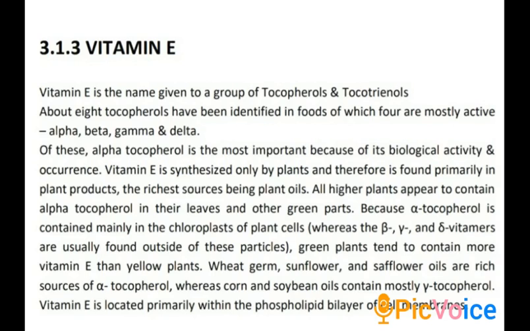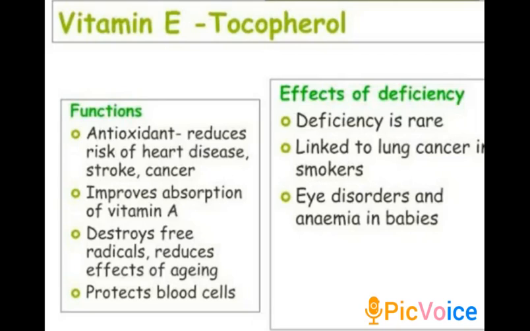Vitamin E is located primarily within the phospholipid bilayer of cell membrane. Vitamin E acts as an antioxidant. It is the major lipid-soluble antioxidant in the cell antioxidant defense system. A cell has an antioxidant defense system, and it plays a very major role.